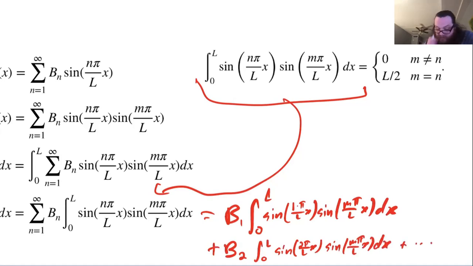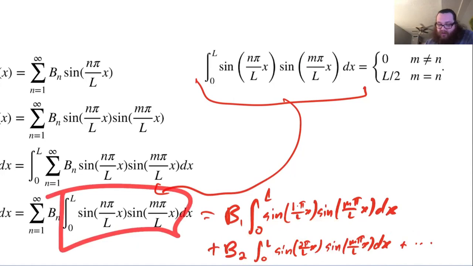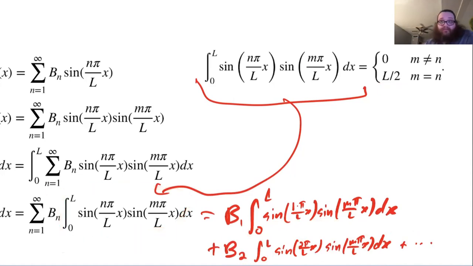The point is, because we're summing over infinitely many terms, n equals 1 up to infinity, m is fixed here. So eventually we're going to get to a term where n, the thing we're summing over, is equal to m. When that happens, this integral for n equal to m is going to equal L over 2.